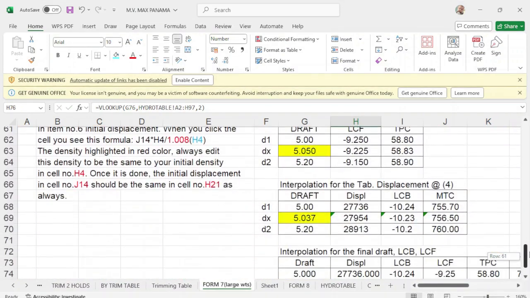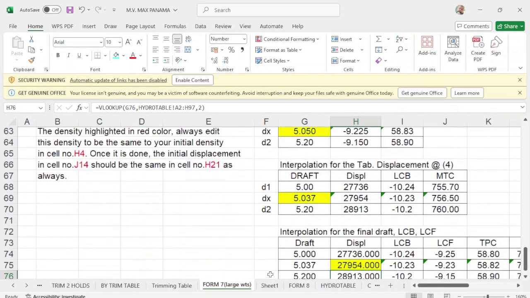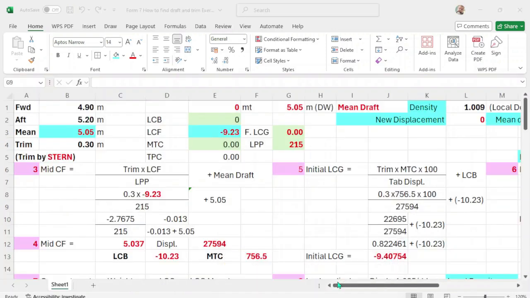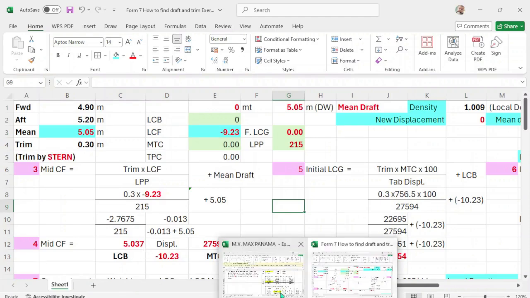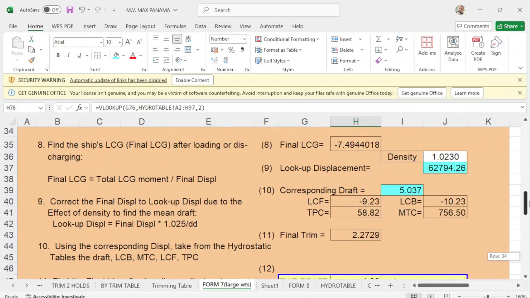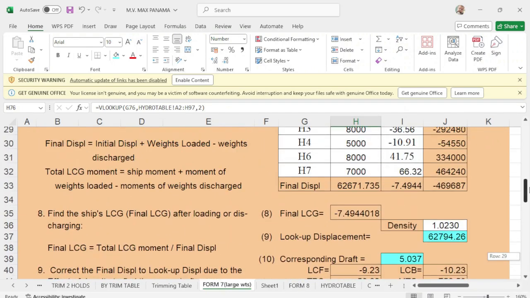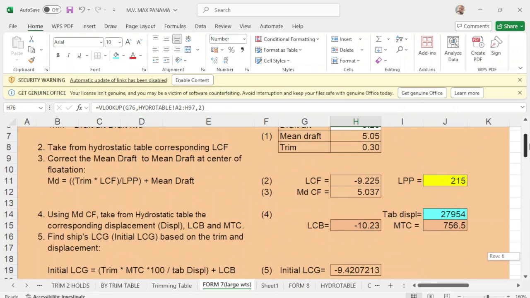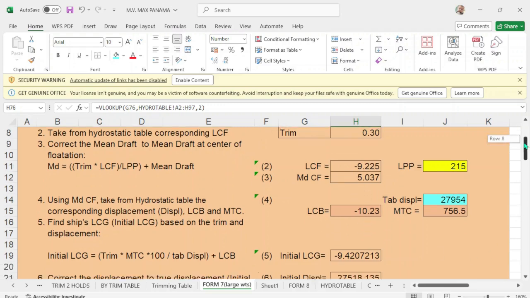Okay. 5.037. I got here 5.037. Then we go up to number 4. There you are, 5.037. This is the displacement. Then you look for the LCB with this draft. LCB is negative 10.23. Scroll down.